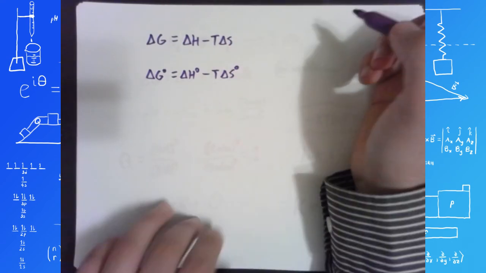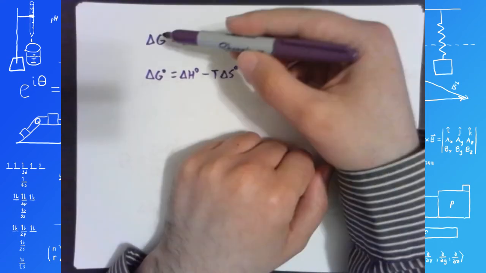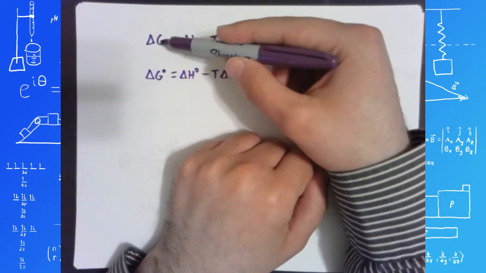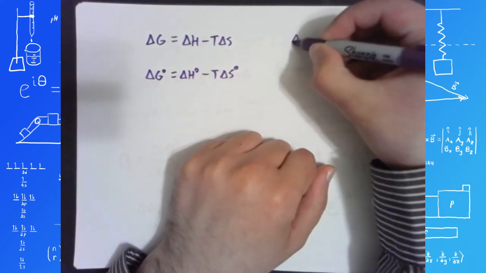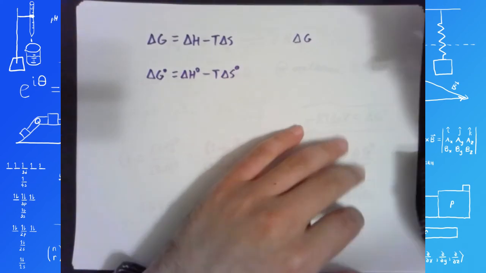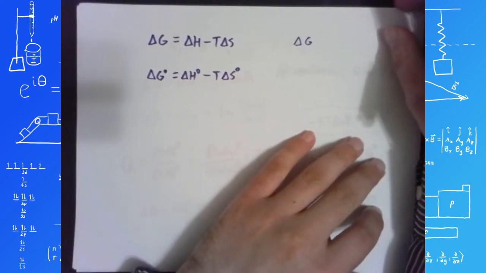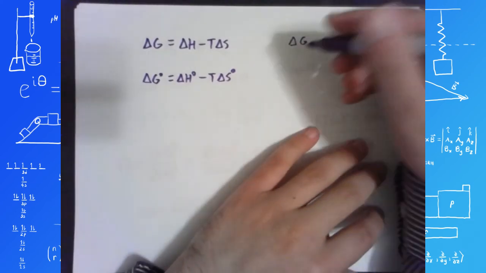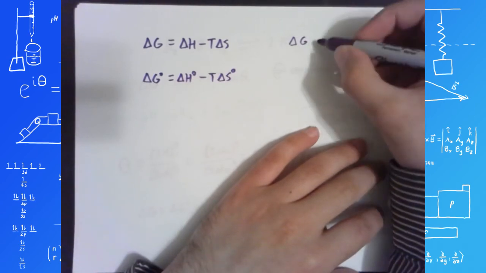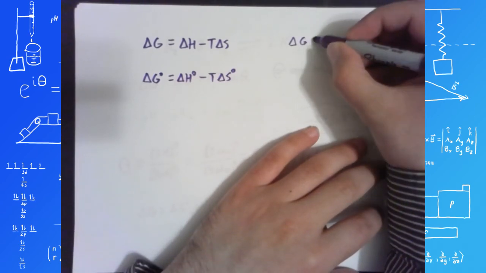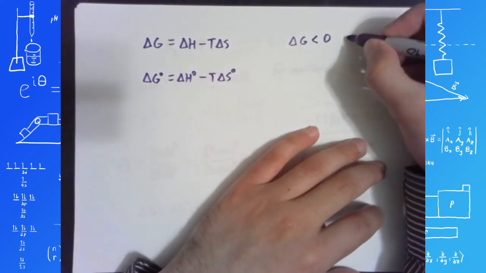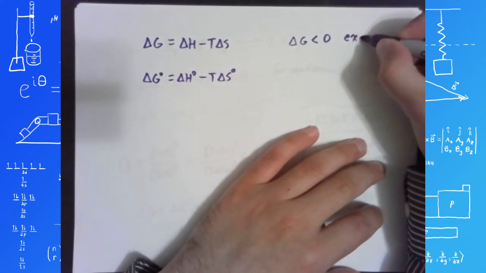Either way you choose to write it. When delta G is negative, we say that the reaction is spontaneous. We also have a word for this, the same way that a negative delta H is exothermic, a negative delta G is called exergonic.